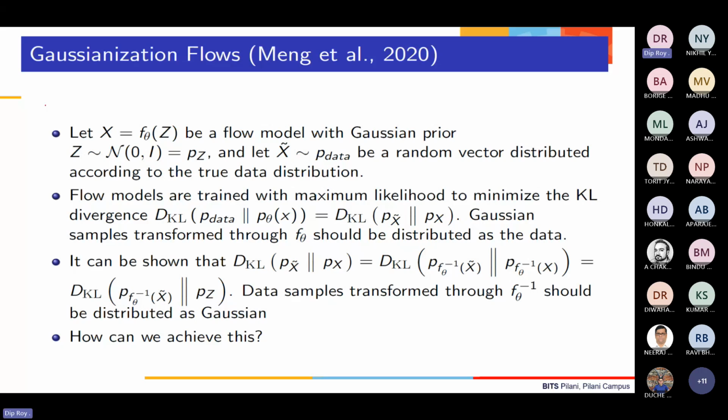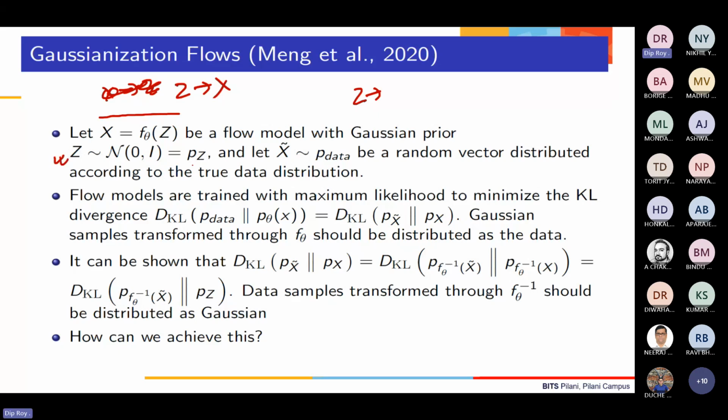So we know this is our mapping from X to Z, and this is basically Z to X. Now what we want to do is let X equal F theta of Z be a flow model with a Gaussian prior. So your Z is Gaussian, as we know.